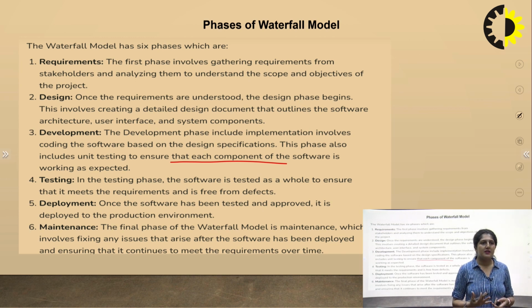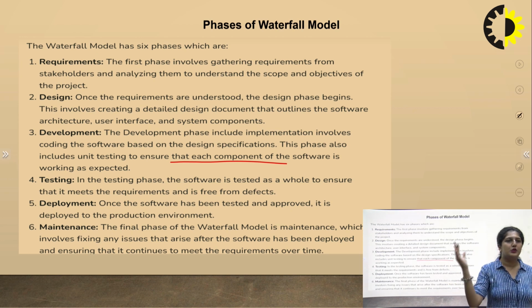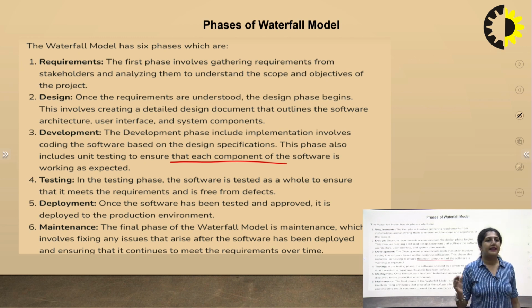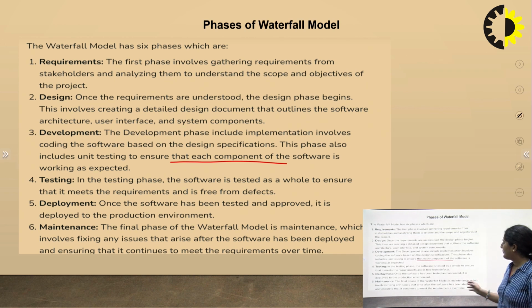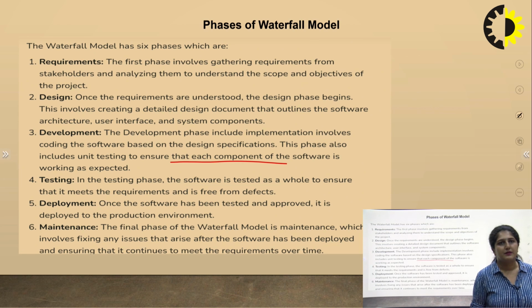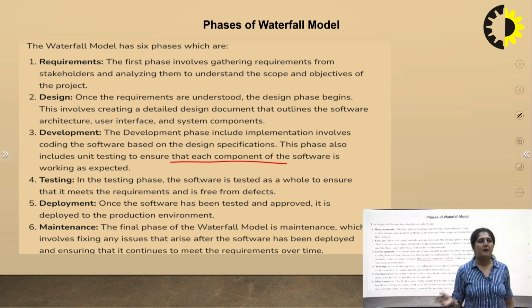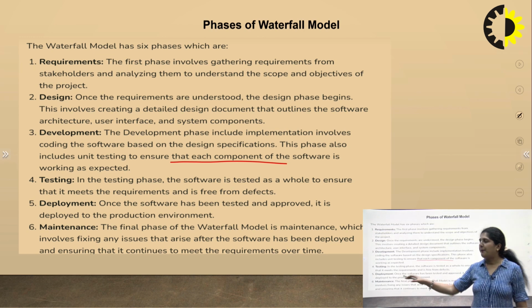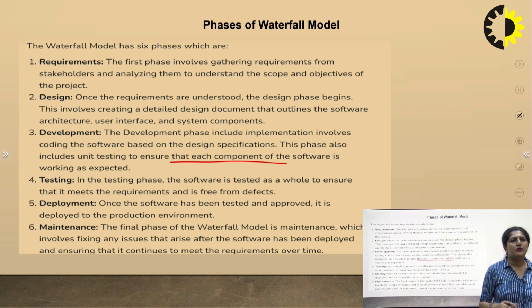If any software issue arises during development, the maintenance phase handles it. It corrects any bugs or any illegal activity, or any feedback given by the customer, so that the software continues to meet the requirements over time. So those are the different stages of the waterfall model.